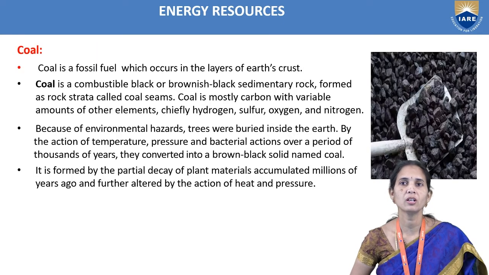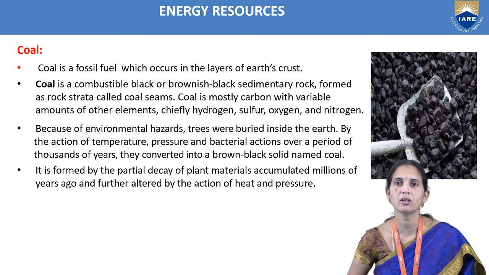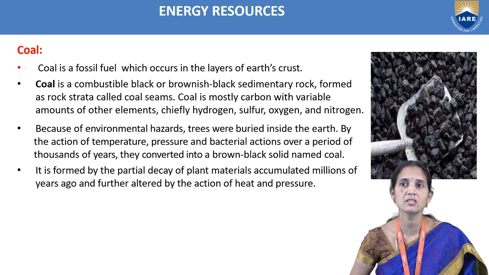First of all, coal, a solid fuel. Coal is a fossil fuel which occurs in the layers of the earth's crust. Coal is a combustible black or brownish-black sedimentary rock formed as rock strata called coal seams. Coal is mostly carbon with a variable amount of other elements: hydrogen, sulfur, oxygen and nitrogen.